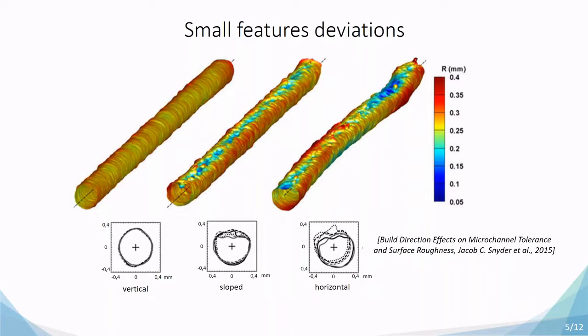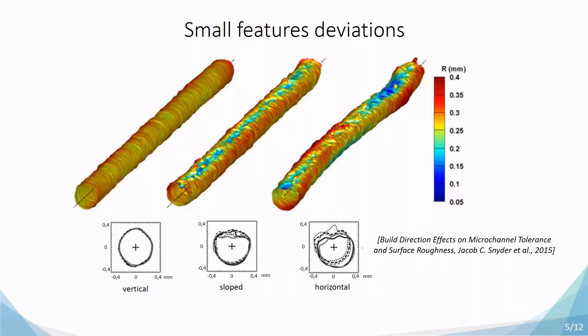If the channel is printed vertically, we see that the circularity of the channel is extremely high and the tolerances are respected. But when we started inclining the channel, or printing it horizontally, we see that we have dross formation and deviation from the circular shape that can completely hinder the functionality of the part.